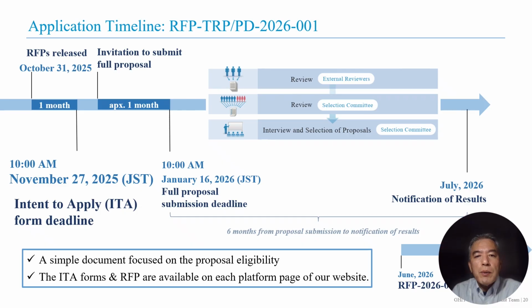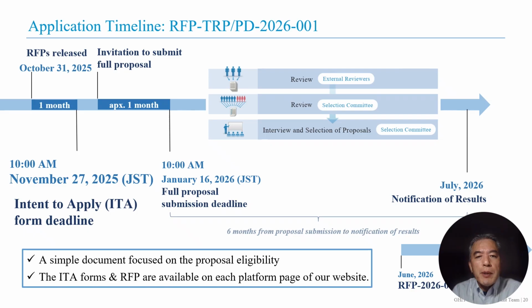This slide shows the application timeline for RFP TRP/PD 2026-001. The RFPs were released on October 31st, 2025.